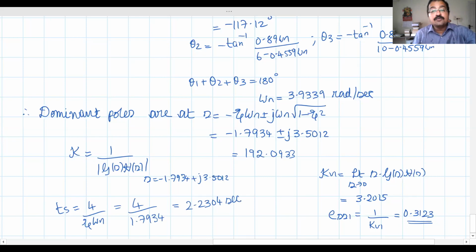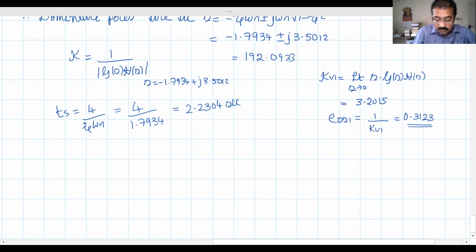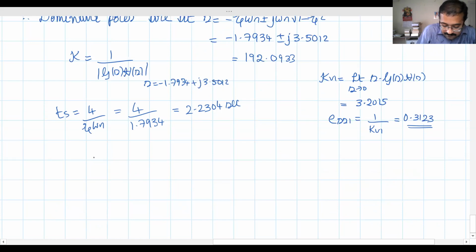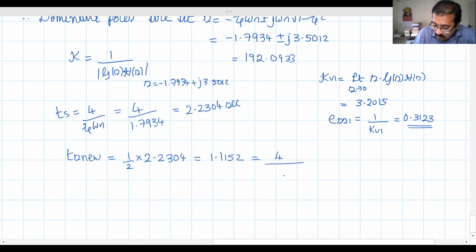So the new settling time must be half of that value. Half of 2.2304 gives 1.1152. That should be 4 divided by zeta omega nu, because the damping ratio remains the same.